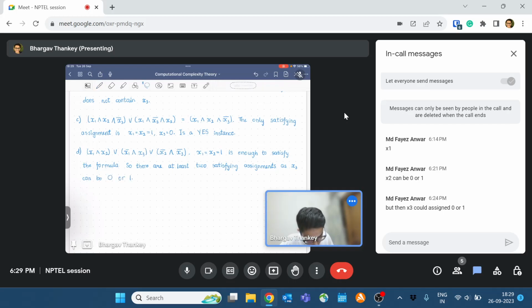So this is also not a yes instance. So the only yes instance is C.